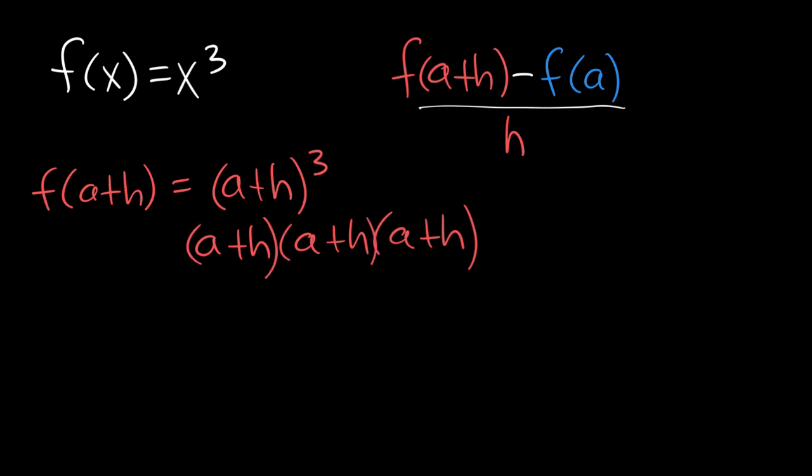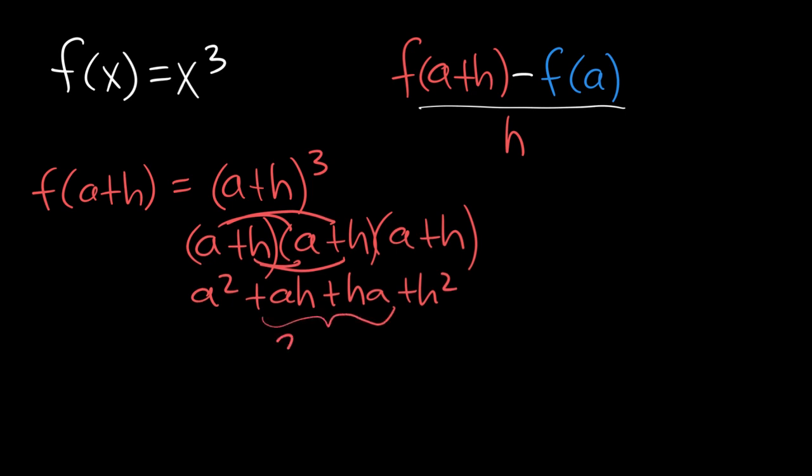So if I distribute the first, that's a squared plus ah plus ha plus h squared. So that's distributing all four of those. And this is 2ah plus h squared, and that's a squared. But then this has to be multiplied by a plus h again.